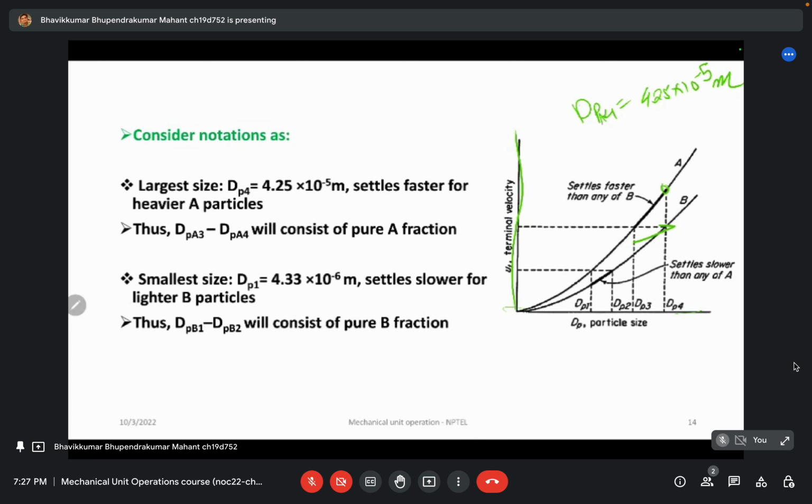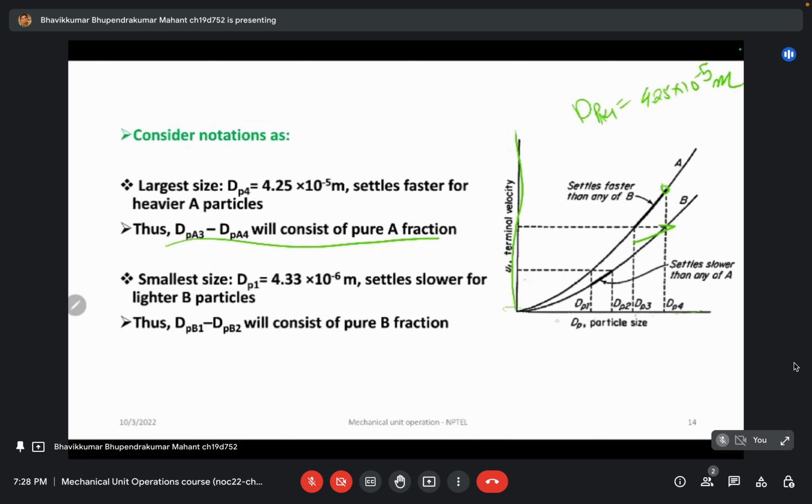Then if we want the pure fraction, we have to consider dpa3 minus dpa4, which will be our pure fraction of a. At the same time, for the smallest size we consider dp1, given as 4.33 into 10 to the power minus 6 meter, which settles very slowly, so it has a very low terminal velocity.